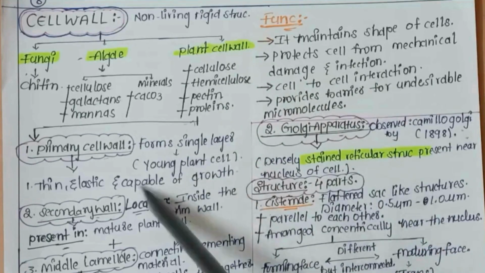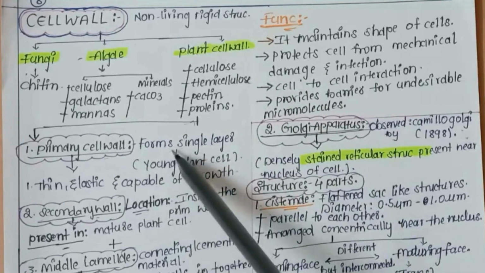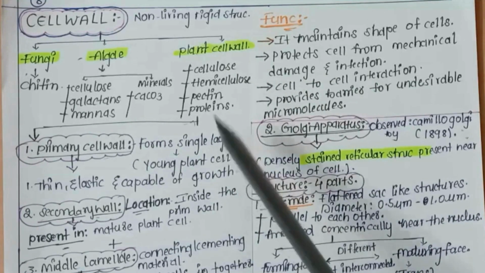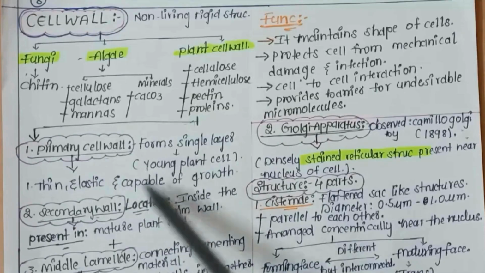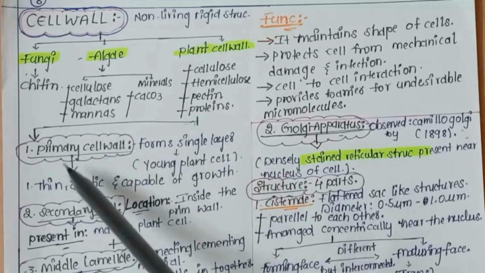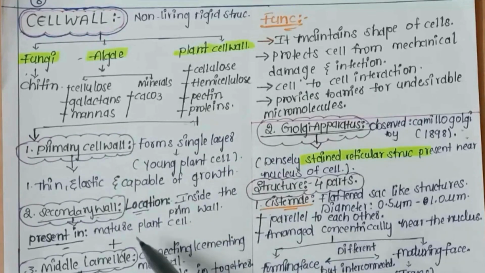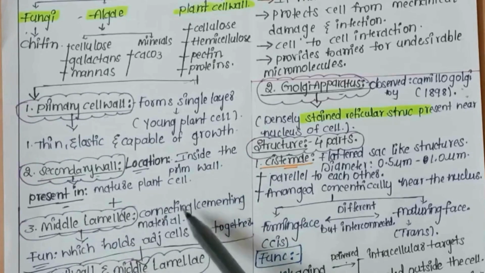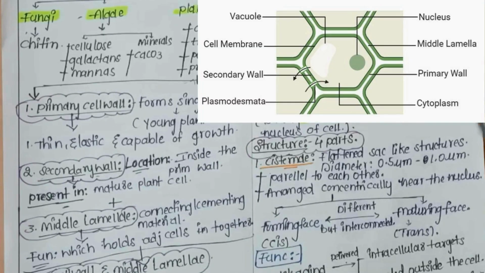Based on the age of the plant cell, in a young plant cell it forms a single layer which is thin, elastic, and capable of growth, known as the primary cell wall. And in mature plant cells, inside the primary cell wall, it forms the secondary cell wall. Coming to the middle lamella, it is the connecting material which holds the adjacent cells together, as you can see in the picture.